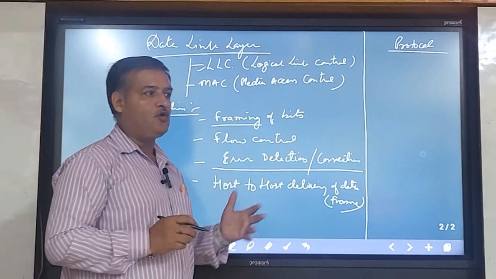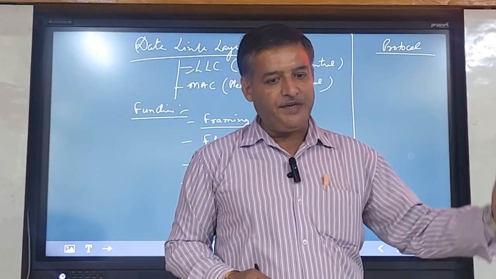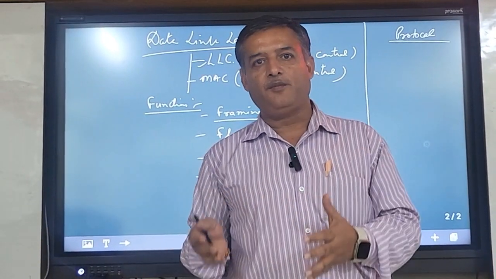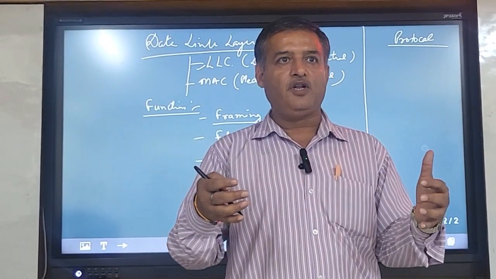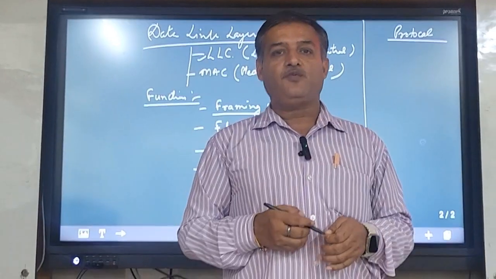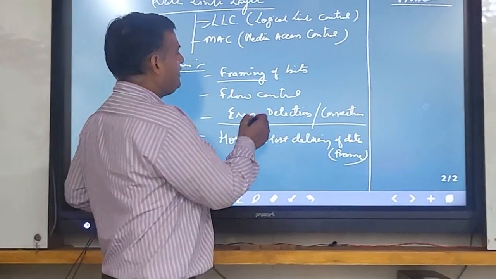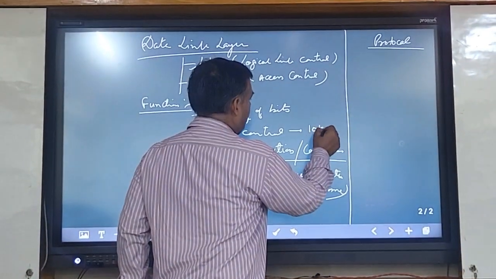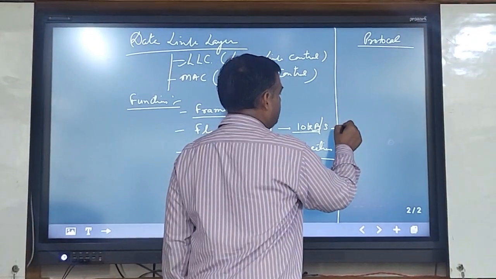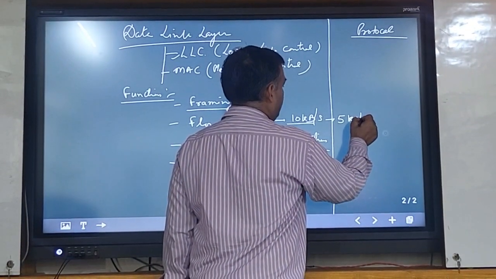Then flow control. Flow control means if a computer is working at a particular speed and another computer it communicates with has a different processing speed, then suppose the sender is sending 10 kb of data per second and the receiver only has the capacity to receive 5 kb of data per second.